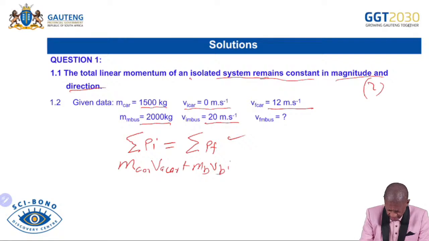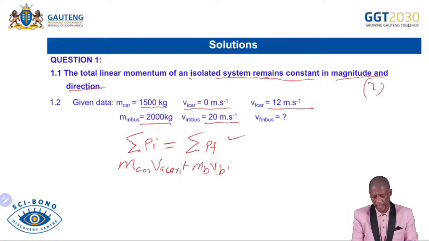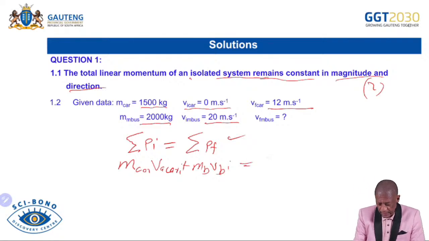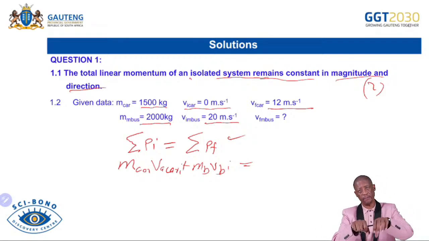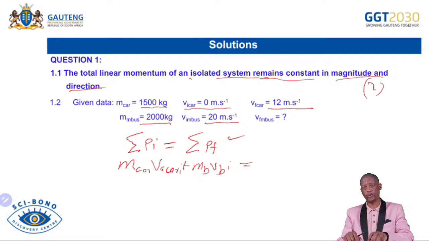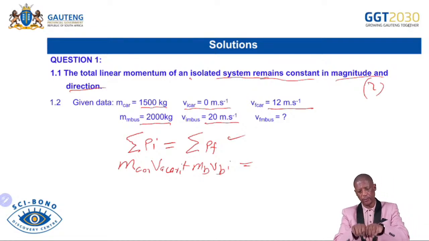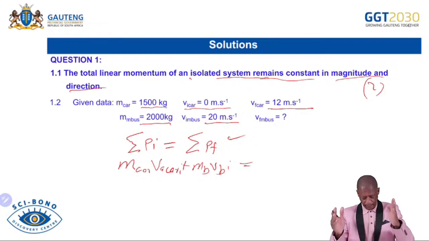These are initial velocities. Now, equals to the mass. What happened? They collide and then they move. They didn't cling together, they separated, so you cannot use the formula where they stick together. You use the one where they bounce off or separate.